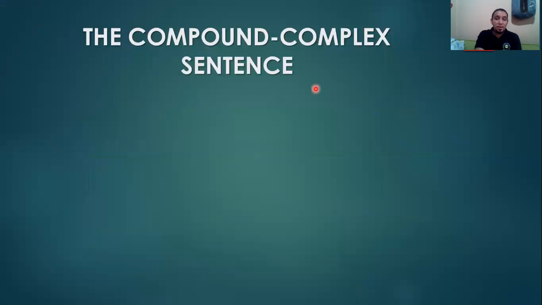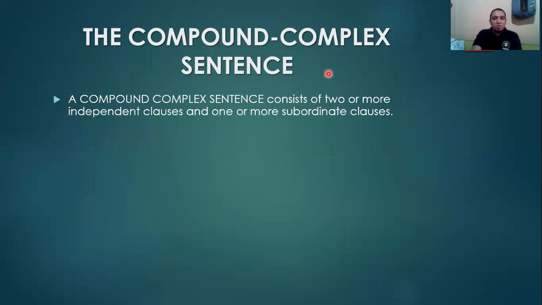And finally, we have the compound-complex sentence. What's this? It's when we have two or more independent clauses. Remember, the word compound means, just like the second example, that we must have two independent clauses. This is mandatory. That's why it's compound. But with the complex, we can use only one subordinate clause, or more if you want.